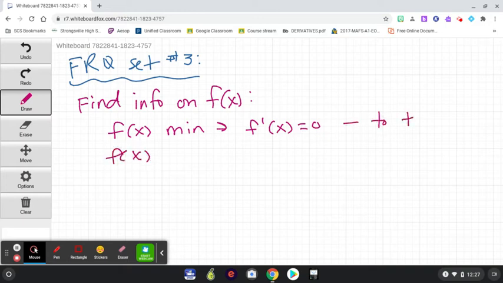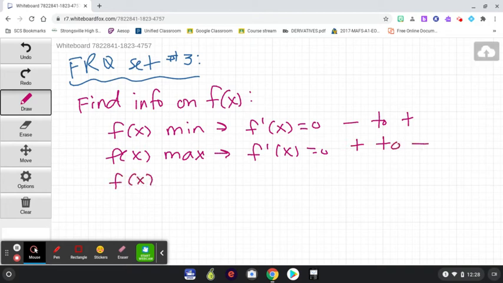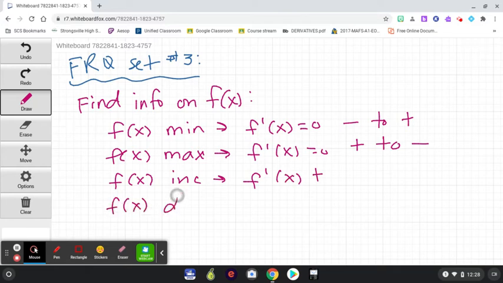If you want to find where f of x has a maximum, that happens when your derivative is equal to 0 and changes from positive to negative. If you want to know where your function is increasing, that happens when the derivative is positive. And if you want to know where your function is decreasing, that happens when your derivative is negative.